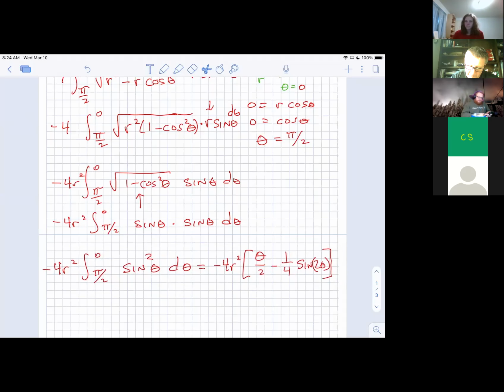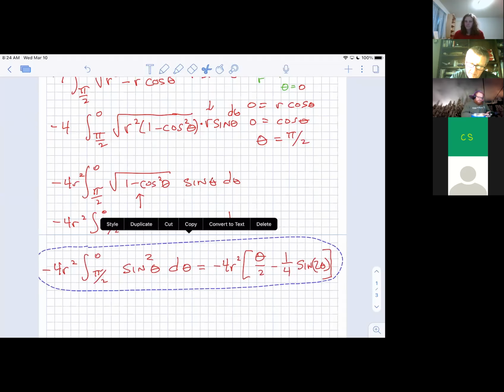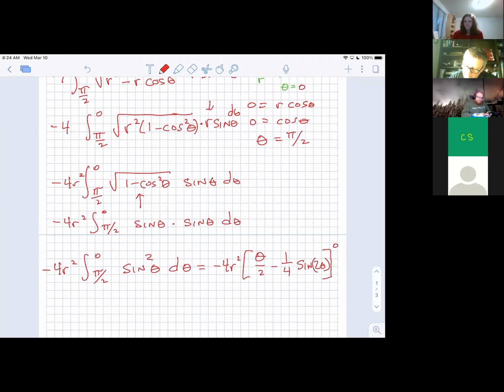Let's make a little more space so we can fit that in there. 0 to pi over 2. Again, this is hard, isn't it? It's amazing how much stuff you have to know to pull this off, but this is amazing because the end result is area equals pi r squared.